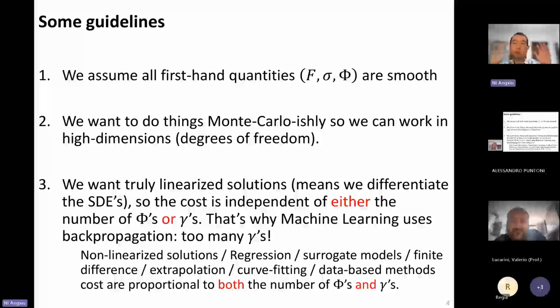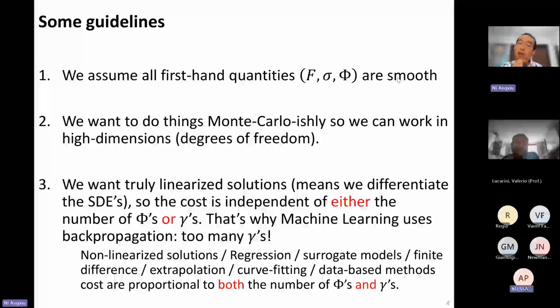We can choose the cost to be either independent of the number of observables or independent of the number of parameters. So think of machine learning as an example. Why it uses backpropagation, which is a truly linearized solution, is because there are too many parameters, and you want an algorithm whose cost is independent of the number of parameters, and that is why you want a truly linearized solution.